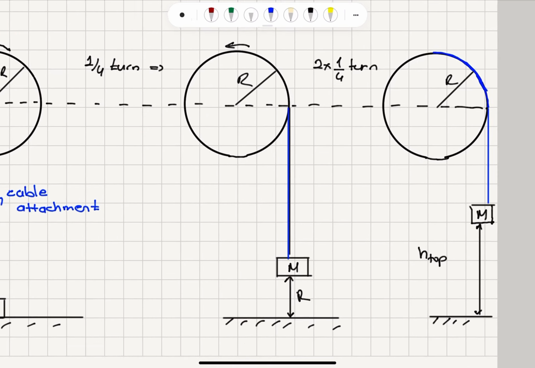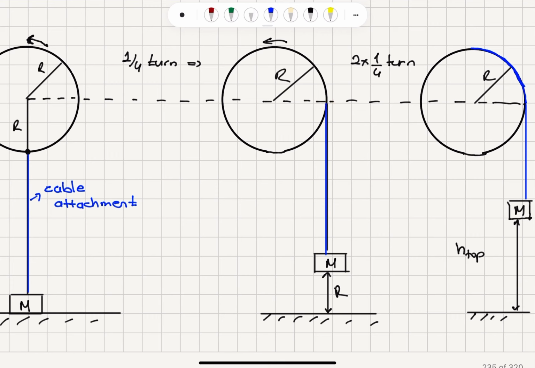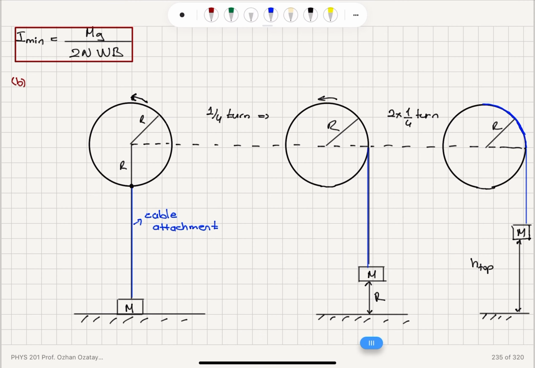If I go another quarter of a turn, then this will start wrapping around, and the decrease in the length of the cable will be equal to the quarter of the circumference of the circle. So in the second stage, so this is the first, this is the second stage.